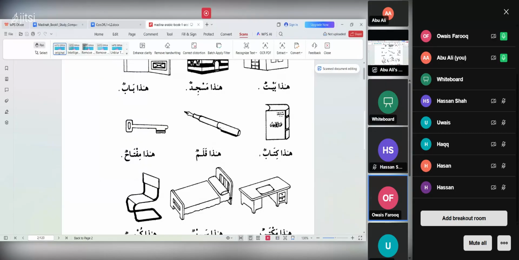It would be هذا. Where is the khabar? It would be kitab. Which one is definite? Would it be هذا? Why is هذا definite?